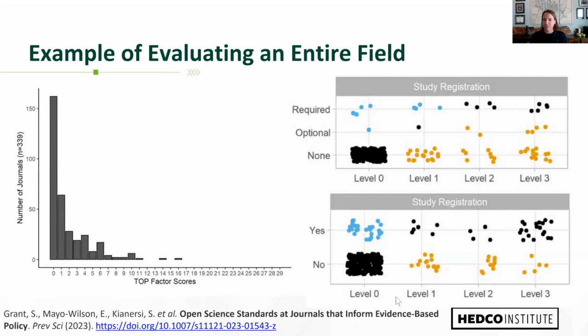And then same with the article template. If you're a level 0, 1, 2, or 3 journal for study registration, do you or do you not have a dedicated article template section for providing information about study registration? And that gives us a sense of the quality of the overall process and outcome of the journal, in addition to the structure of the journal or the journal policies.